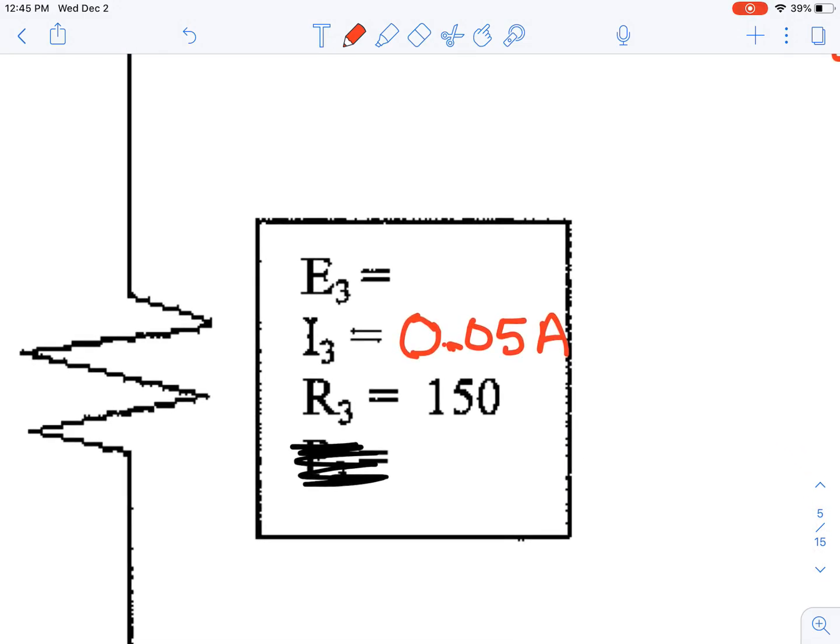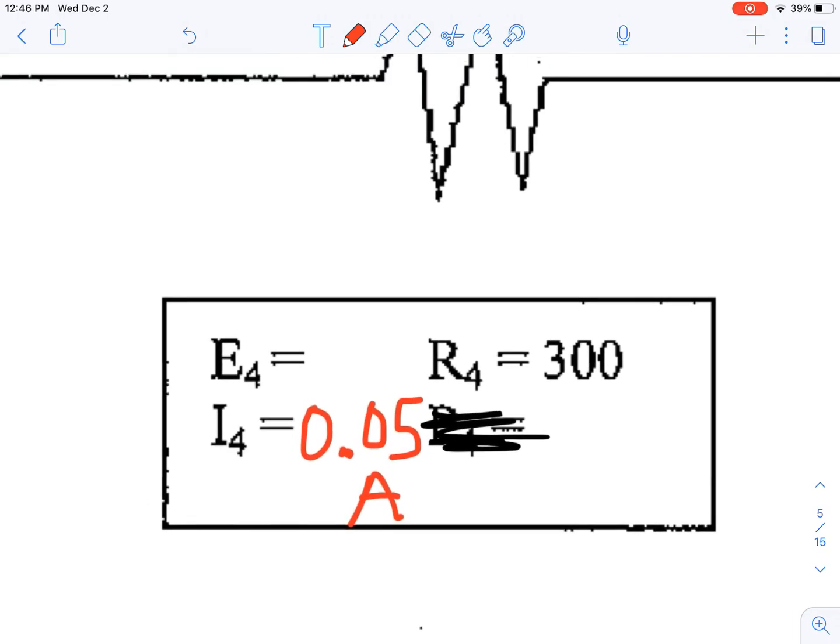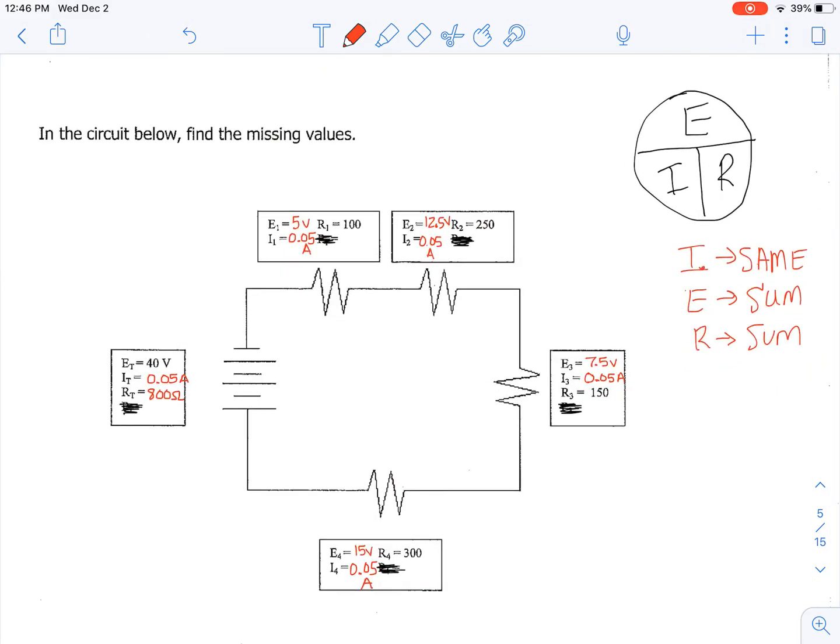At this branch, 0.05 times 150 gives me 7.5 volts. 0.05 times 300 is 15 volts. And I believe we have now found all of the pieces in that series circuit.